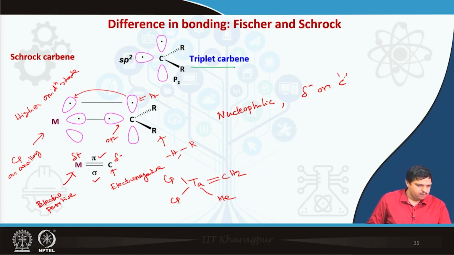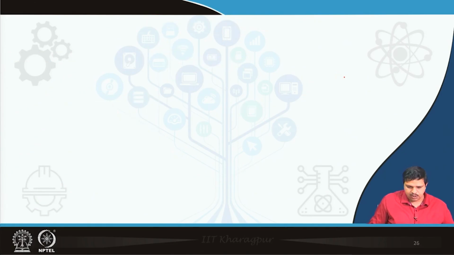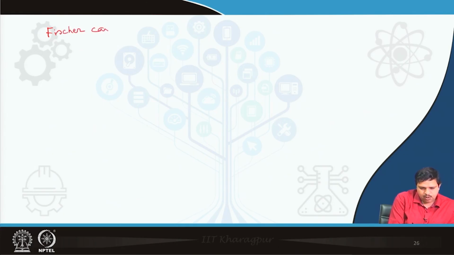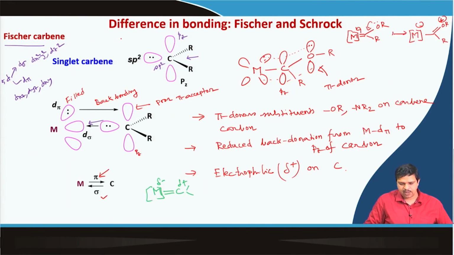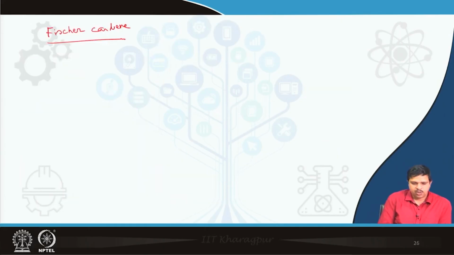Okay, fine. So here you will see that for the Fischer carbene, from the qualitative orbital interactions, what we can realize and postulate for the Fischer carbene, and I am writing here Schrock carbene.